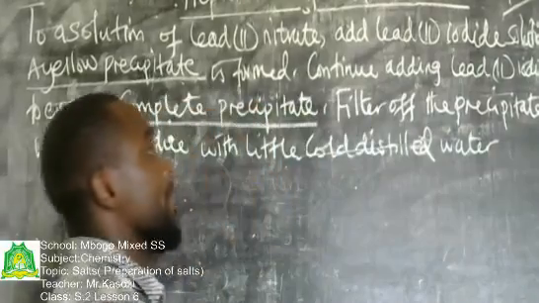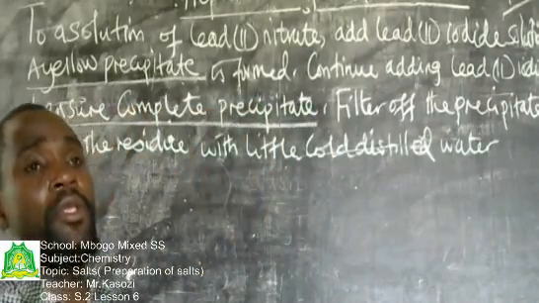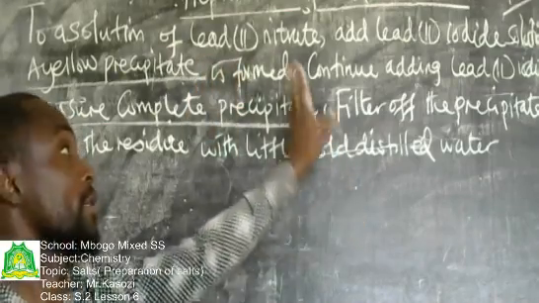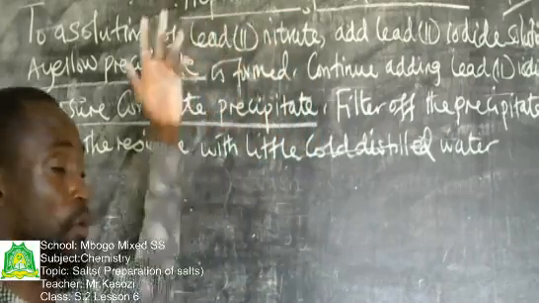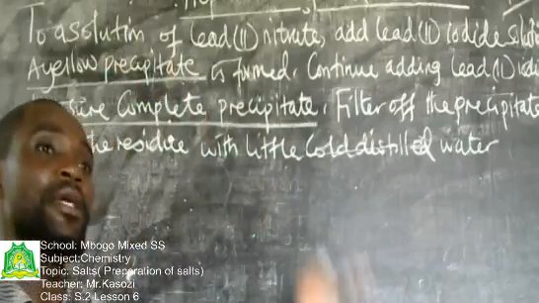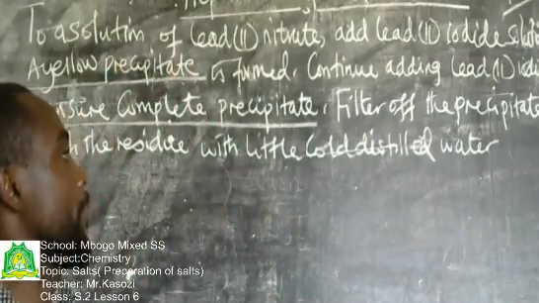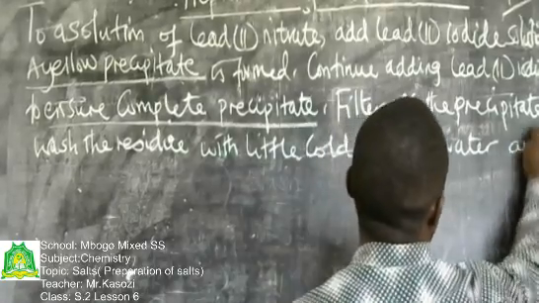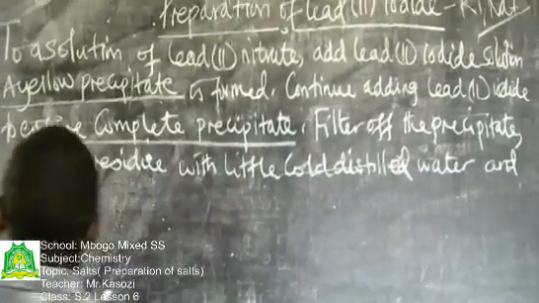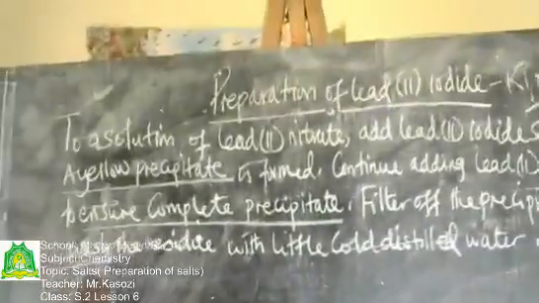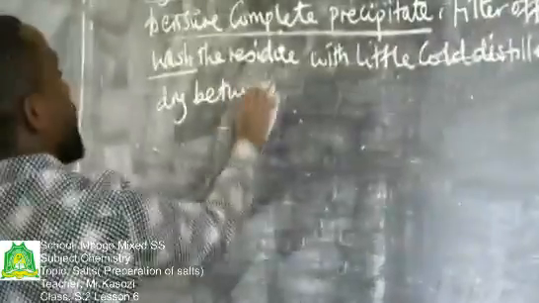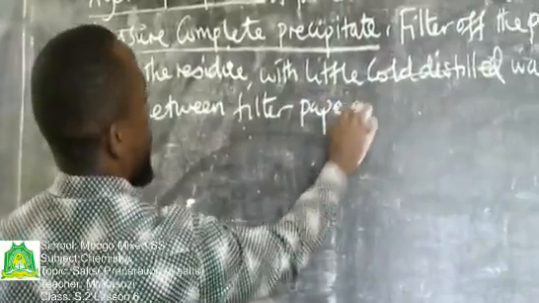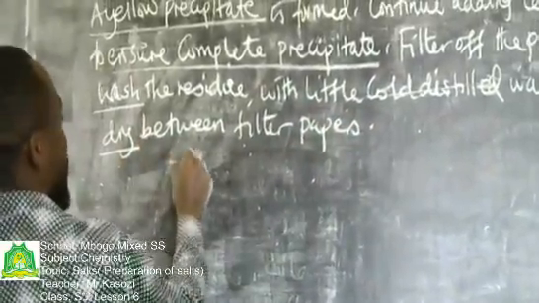Lead 2 iodide is insoluble in cold water, but it dissolves in hot water, like lead 2 chloride. Lead 2 chloride dissolves in hot water, even lead 2 iodide dissolves in hot water. Wash with cold distilled water and dry between filter papers.